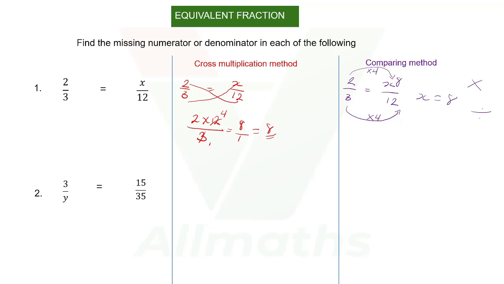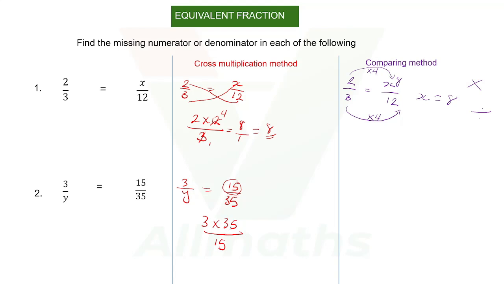That's the comparing method. For the second question, using the cross multiplication method, 3 over y equals 15 over 35. You are multiplying across, and as I said earlier, you write the one that is complete first. We have 3 multiplying 35 divided by 15, right? As I said, you look: is there any number that can divide a number in the denominator and also divide another number in the numerator?